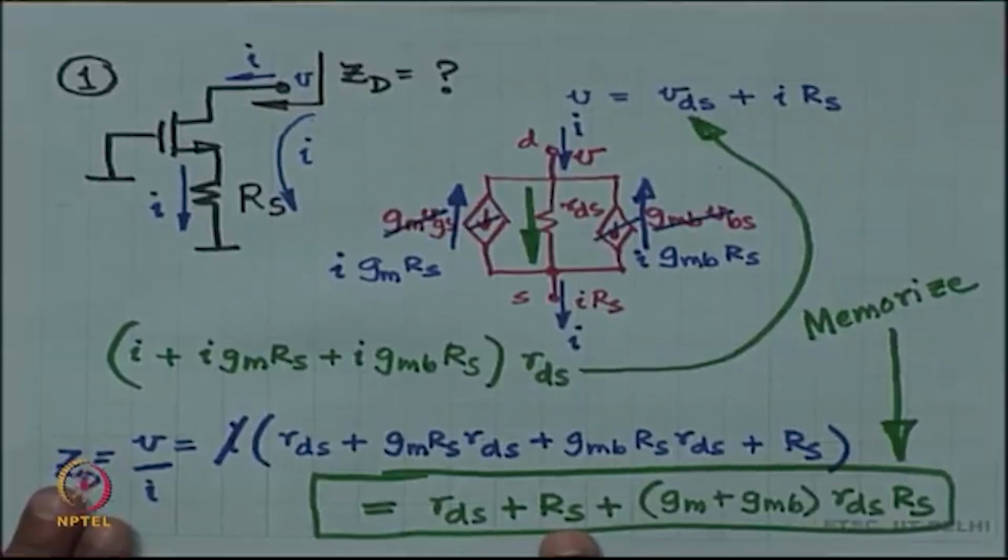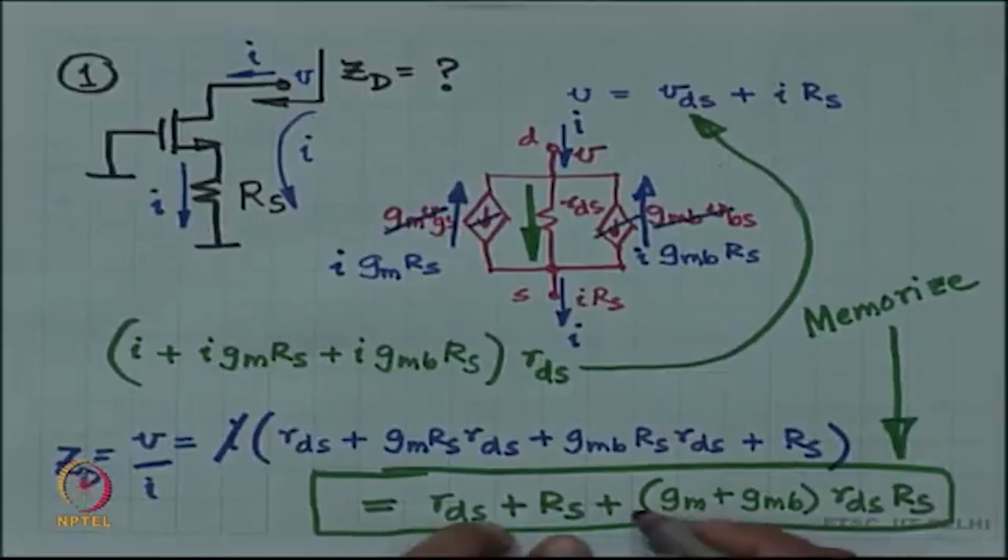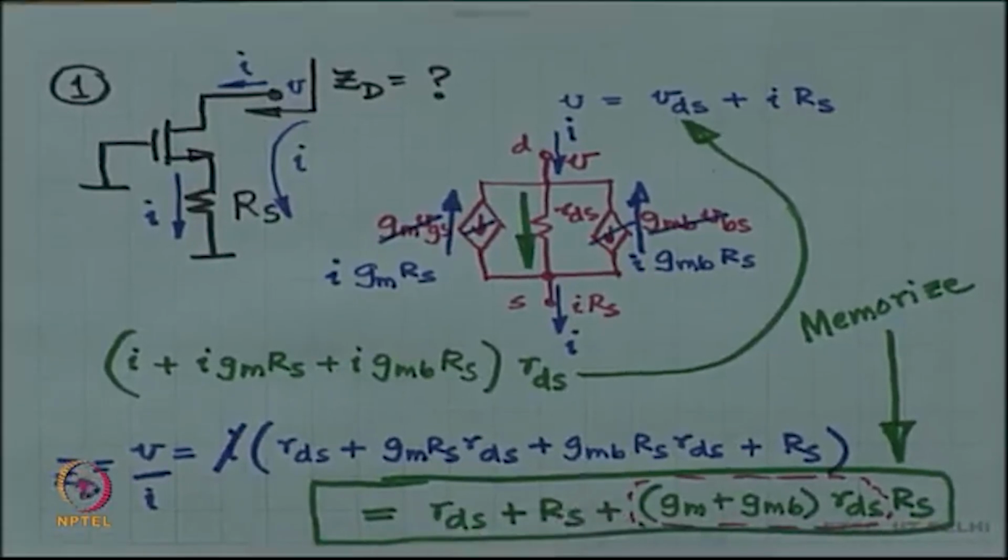Source impedance plus the intrinsic gain of the MOSFET times the source impedance plus RDS.